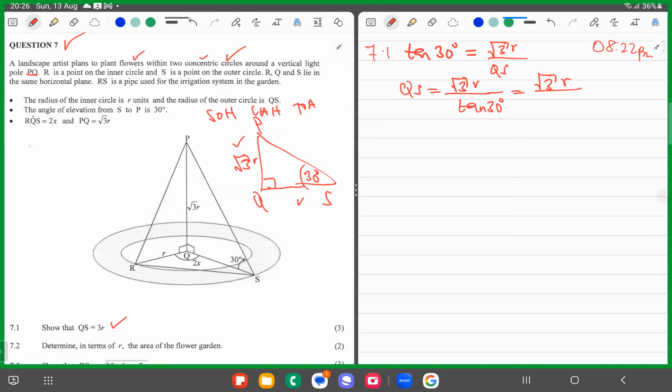We remember our special triangles: 30 degrees here, 60 degrees there, the square root of 3 here, and 1 and 2. So the tangent of 30 degrees is the opposite over the adjacent, which is 1 over the square root of 3.